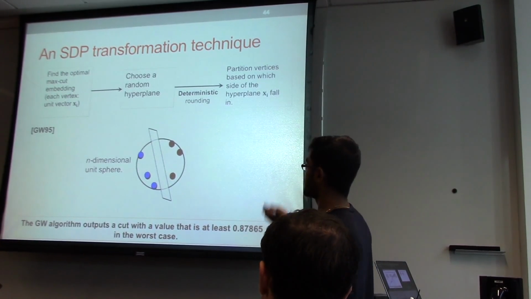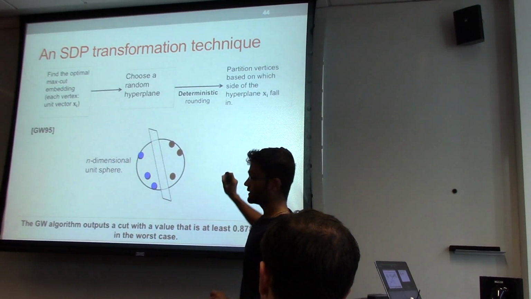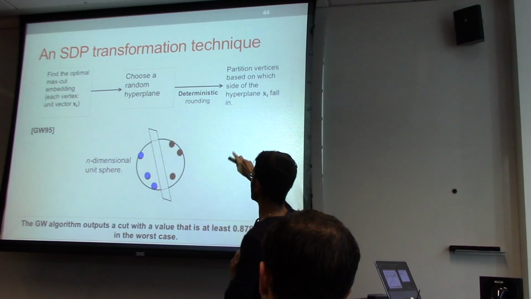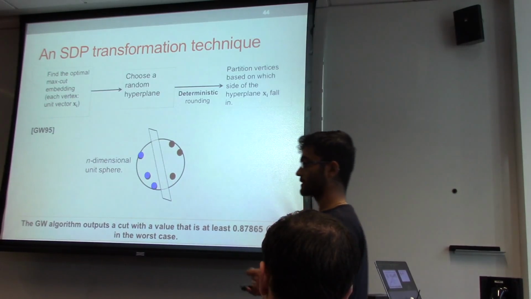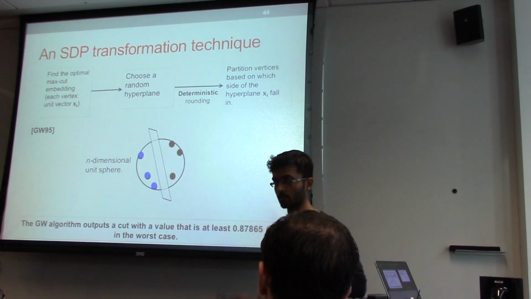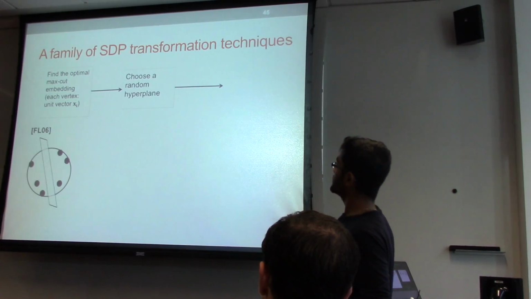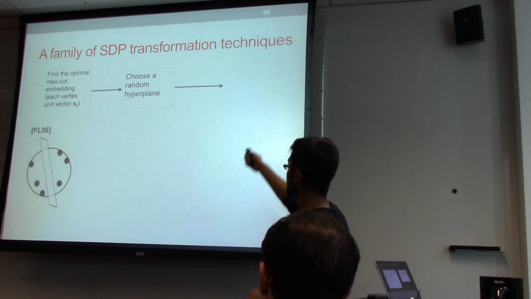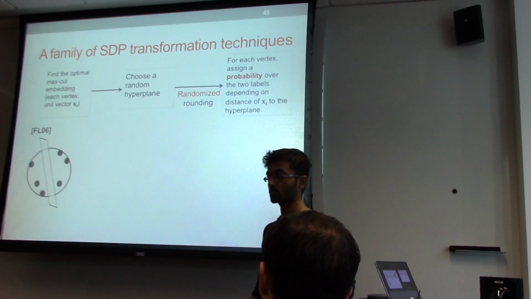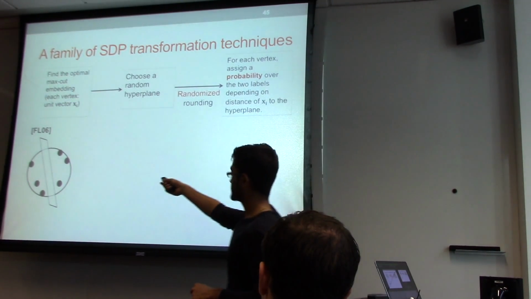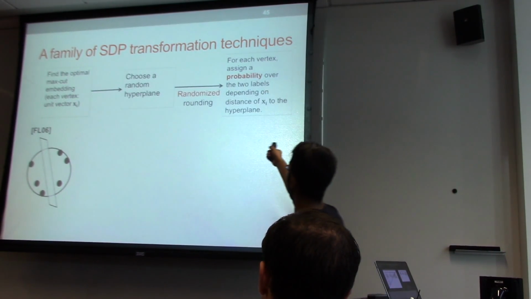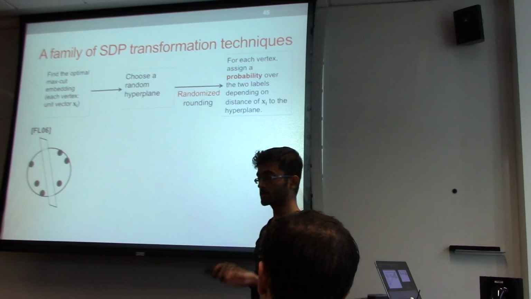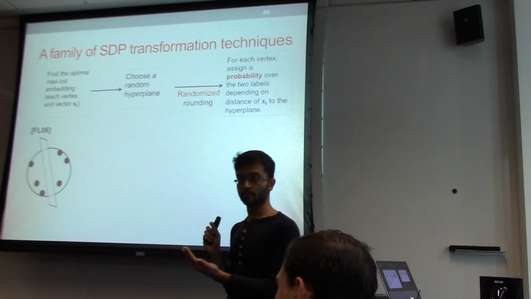So just to describe the family of algorithms, let's note that this is a deterministic rounding approach. So once I fix the hyperplane, I have a deterministic approach to defining which side of the cut these vertices belong to. Okay. So the family of SDP rounding techniques comes from the fact that I can use a randomized rounding approach, where instead of assigning a hard cut to these vertices based on the random hyperplane that I just picked, I could rather assign a probability over the two labels for each vertex based on how far away it is from the hyperplane.